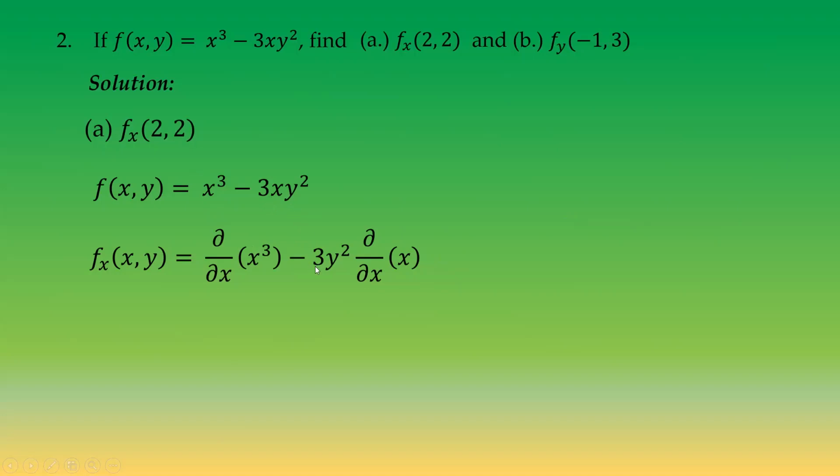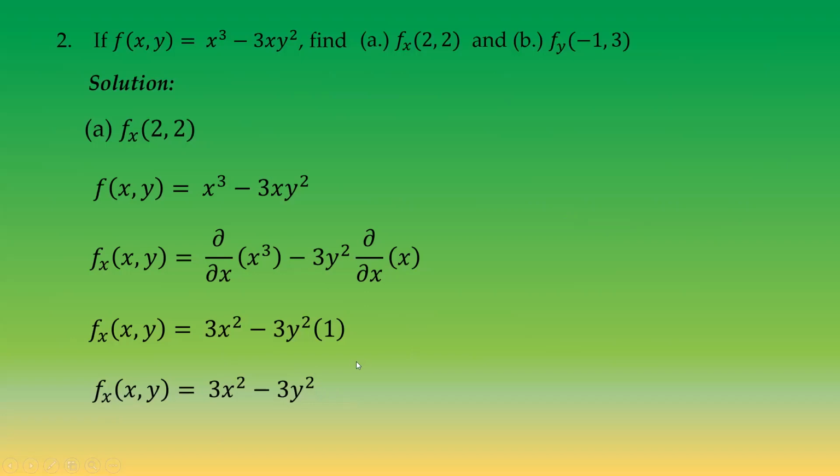So rewrite lang yan, 3y squared. Then derivative tayo ng x. So ang derivative ng x cubed ay 3x squared. Again, 3y squared ay constant. Kaya 3y squared, rewrite natin yan. Derivative ng x ay 1. Then we have 3x squared minus 3y squared. Partial derivative of f with respect to x.